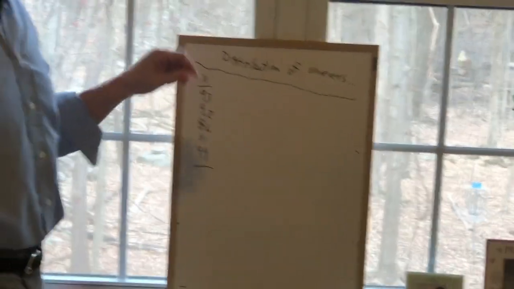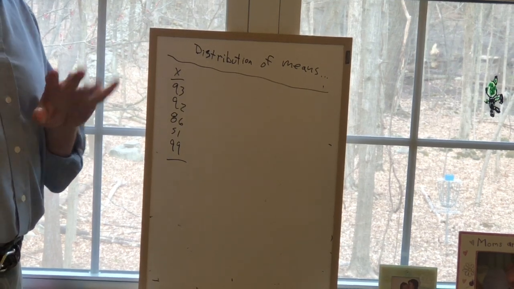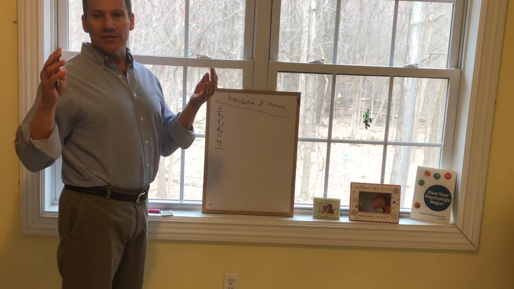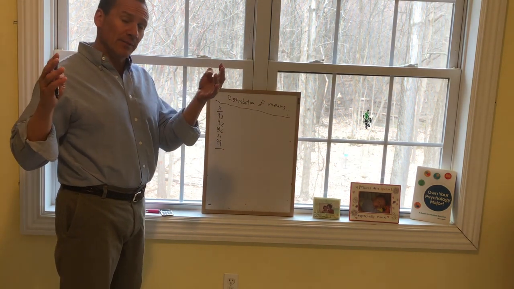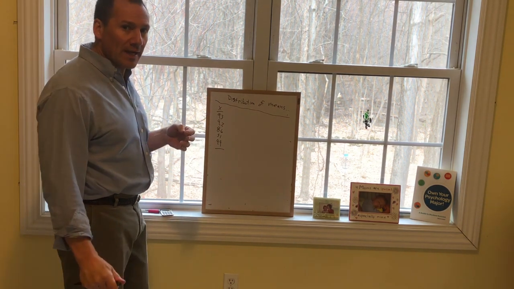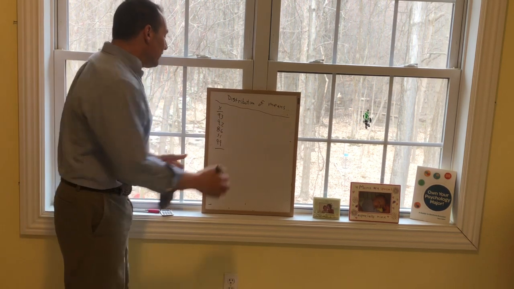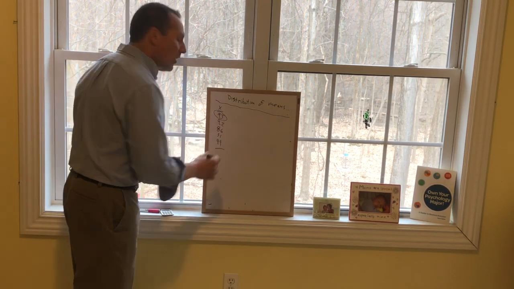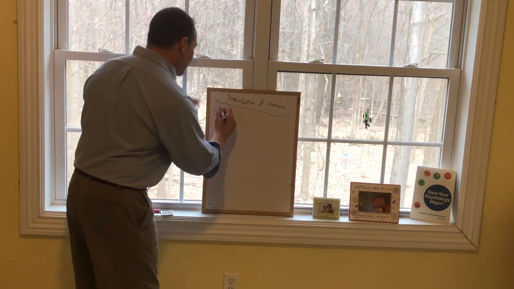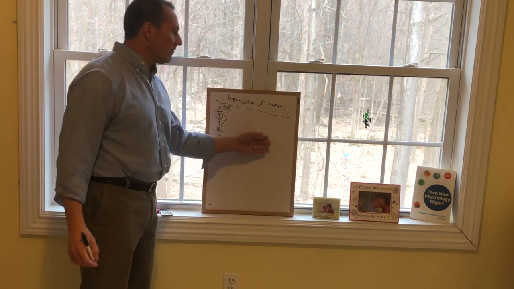Imagine if my sample representing my special population, and why not stick with the same example of whether student athletes perform differently, better or worse, than the general population of students academically. Imagine if I had not one individual score representing the special population, but imagine if I had 5 scores. Okay, so here's n equals 5, meaning I have 5 scores.